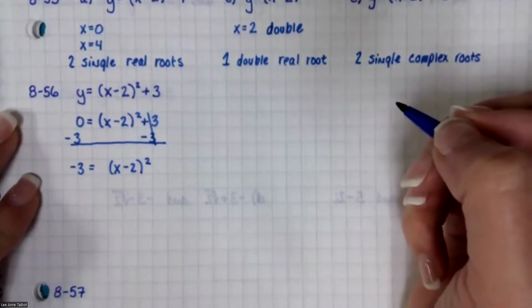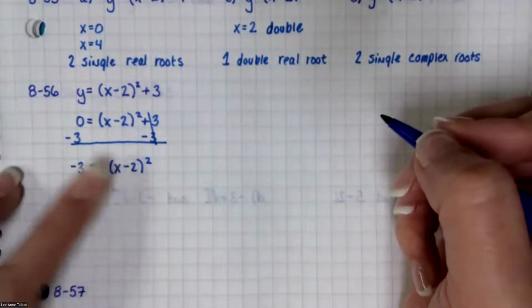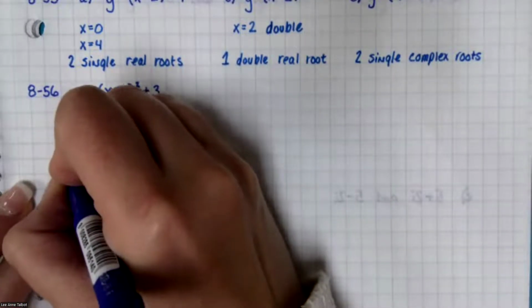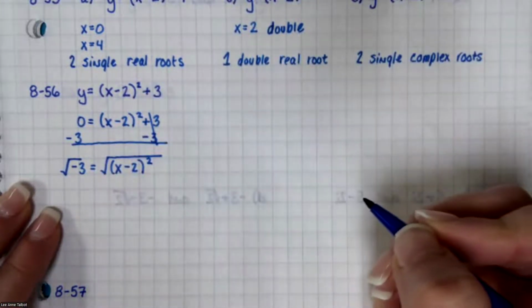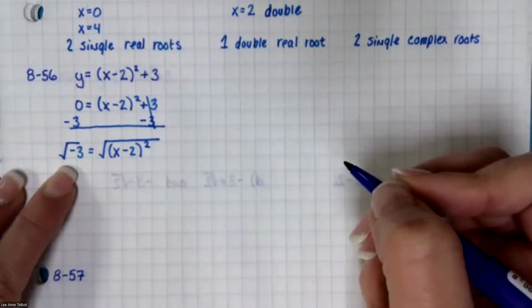Okay, then I'm going to undo the squared. Undo the squared means a square root, and then maybe you could see where this is going at this moment. Do you see where it's going?